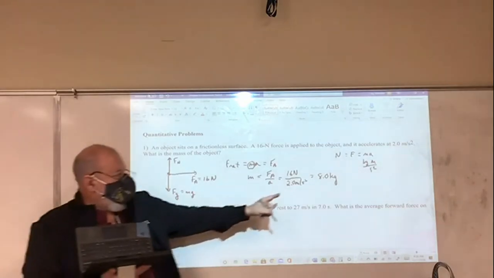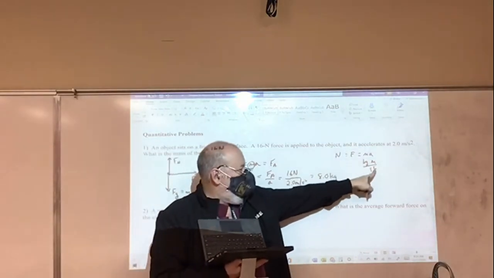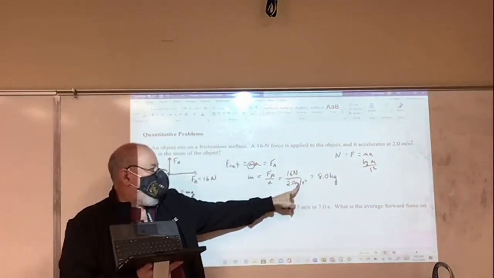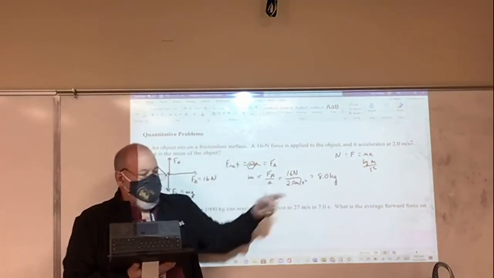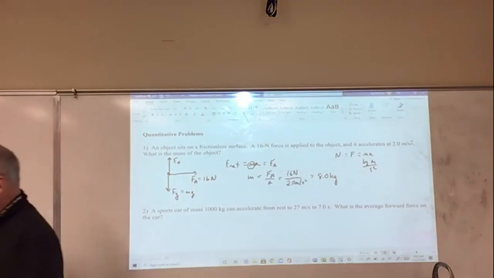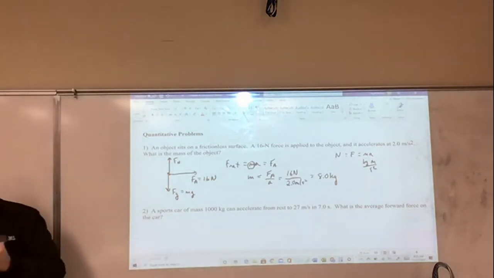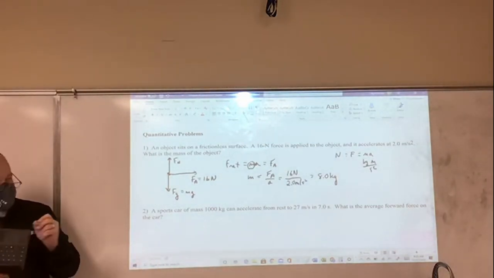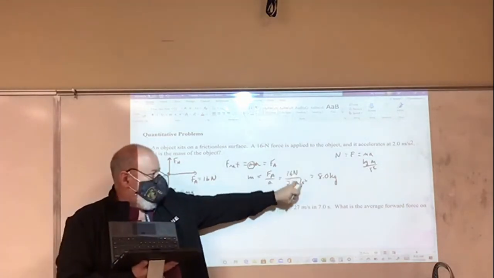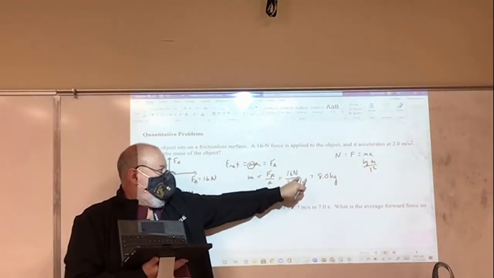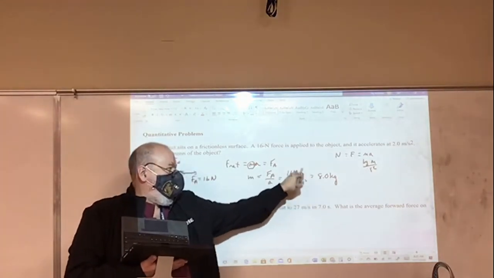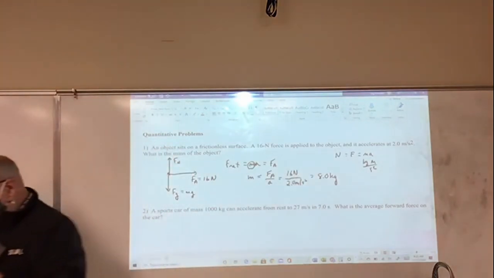Okay, so if I have kilogram meters per second squared divided by meters per second squared, that leaves me with just what? Kilograms, right? So make sure you understand, because this can be really confusing, how I can get kilograms when that's not actually written out there like that for me.